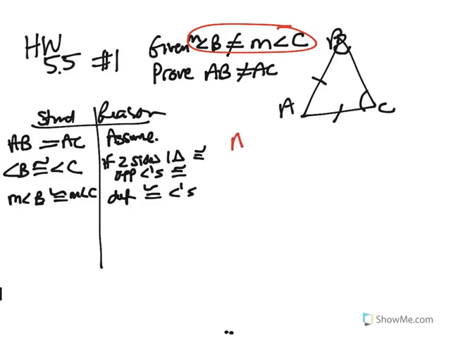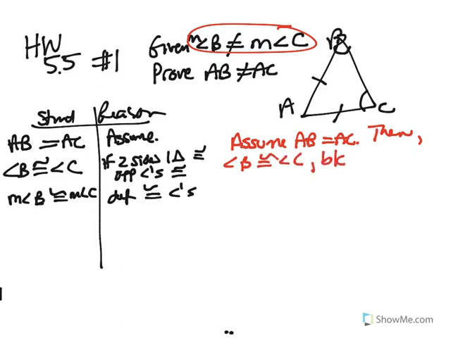So we would say assume AB is equal to AC. Then angle B is congruent to angle C, because if two sides of one triangle are congruent, then opposite angles are congruent.